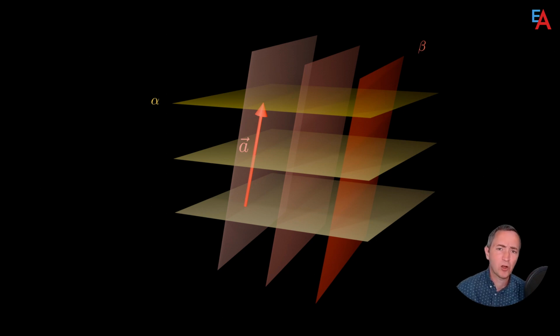We need another vector which we call A prime, and is also parallel to planes of form beta and crosses exactly 2 planes of form alpha, but the direction of that vector is different. Let's see from another perspective that these vectors are indeed parallel to that plane.